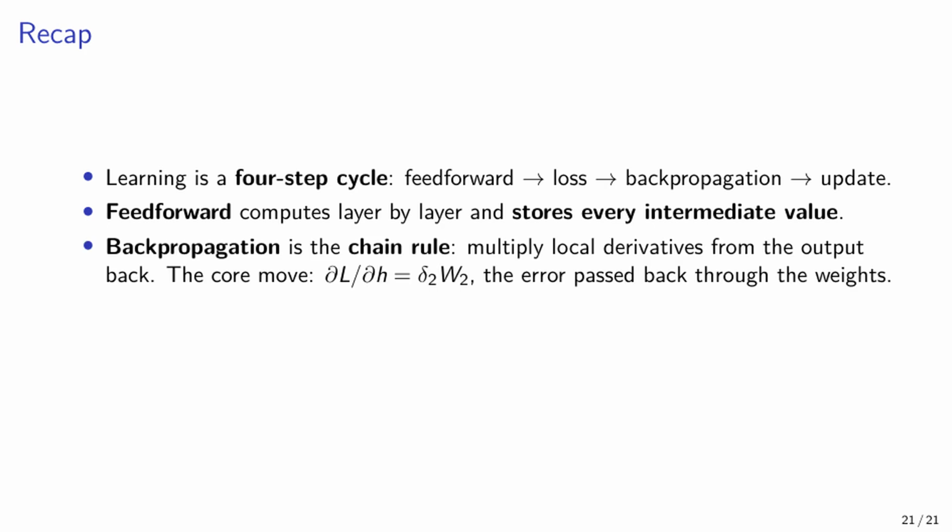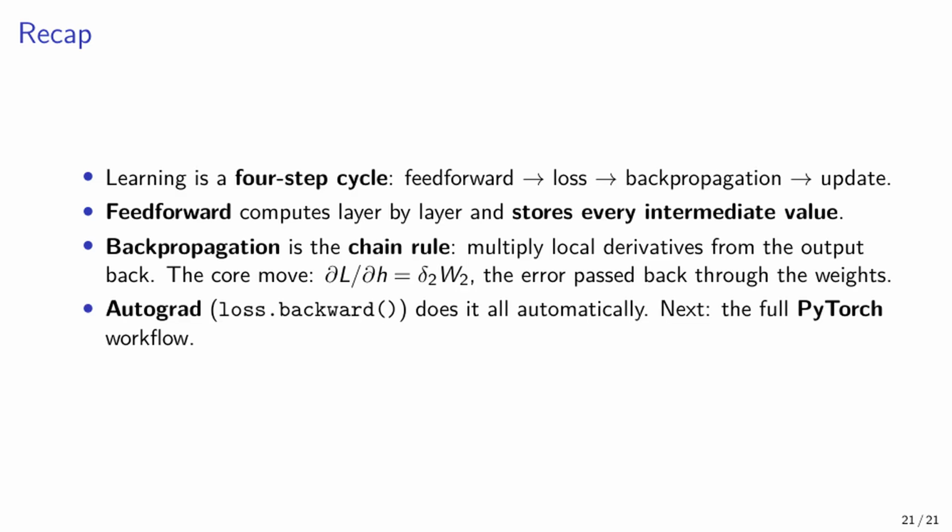Backpropagation is the chain rule made systematic. Multiply the local derivatives from the output back to each weight. The one move to remember is propagation, the error passed back through the connecting weights. And autograd does all of it automatically every time you call loss.backward.